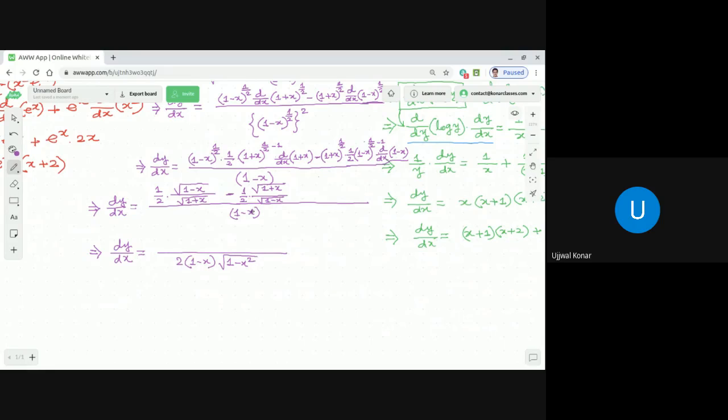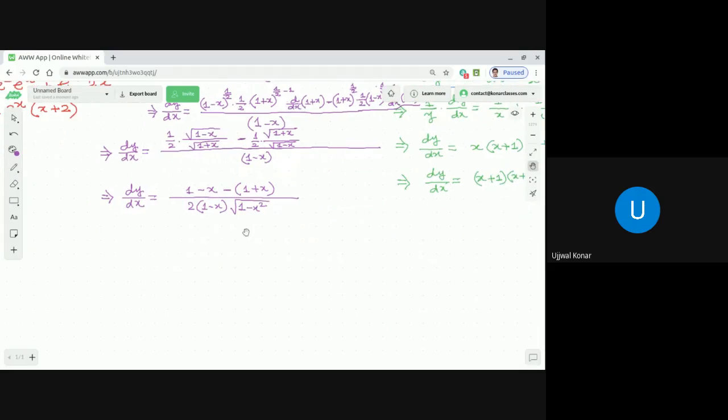Then square root of 1 minus x into square root of 1 minus x will be 1 minus x. Minus of square root of 1 plus x into square root of 1 plus x will be 1 plus x. Srijita, absolutely clear all these steps? Yes, sir. Okay, great. So this implies dy dx is equal to 1 minus x minus 1 minus x.